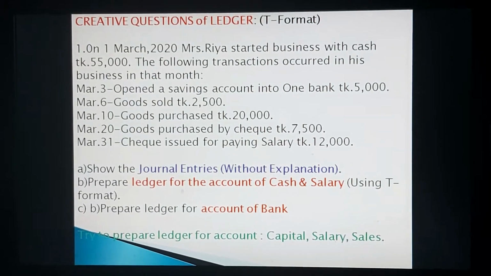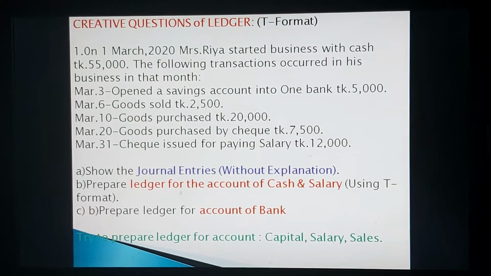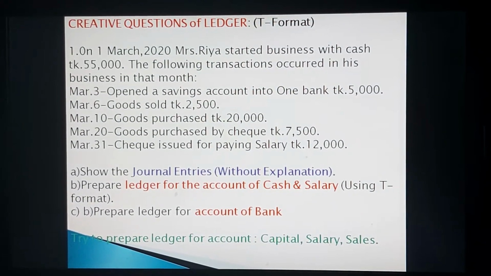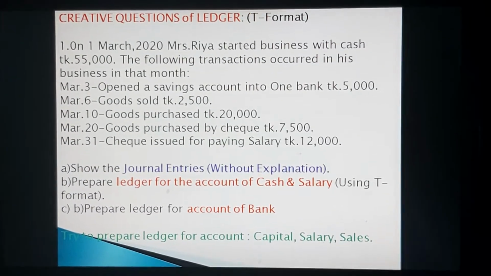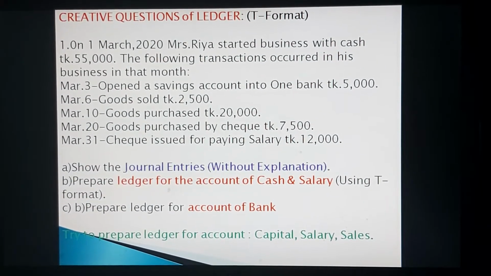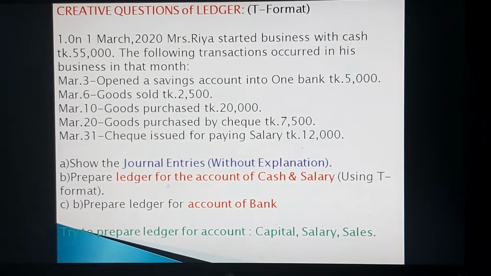March 31 check issued for paying salary, that is check given for paying the amount of salary. In this transaction, two accounts are involved. Salary expense, another one bank account. So you have to write for journalizing salary expense debit and bank account credit.